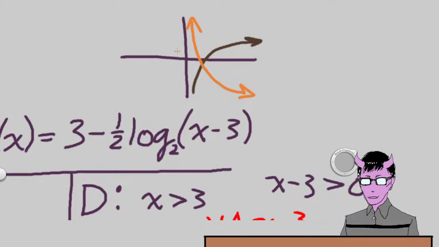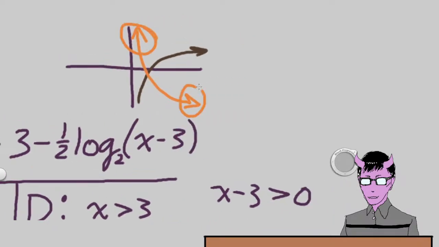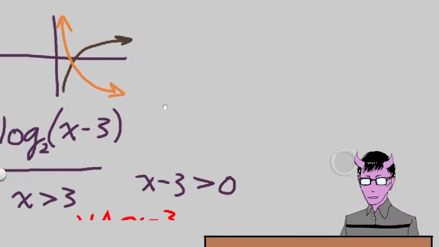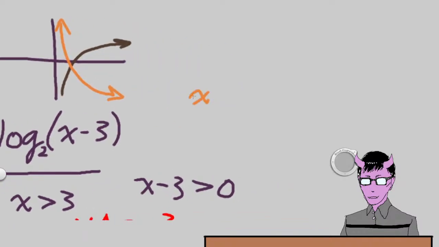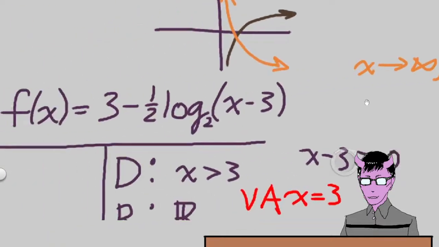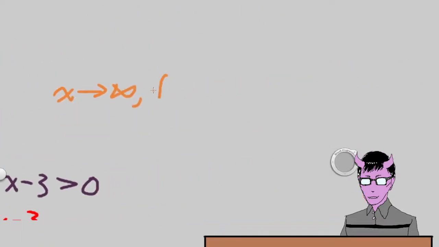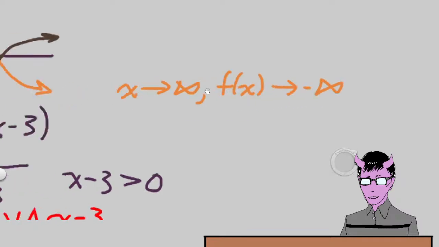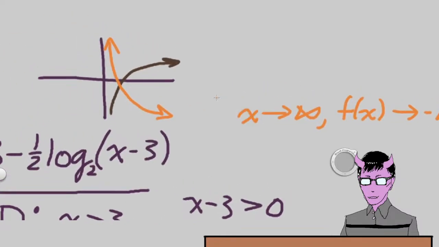Again, the x is positive, so we don't have this reflection. So from these, we will generate the end behavior results. As x gets bigger and bigger and bigger, the y values get smaller and smaller. So y approaches negative infinity. Alright, so that's that one.